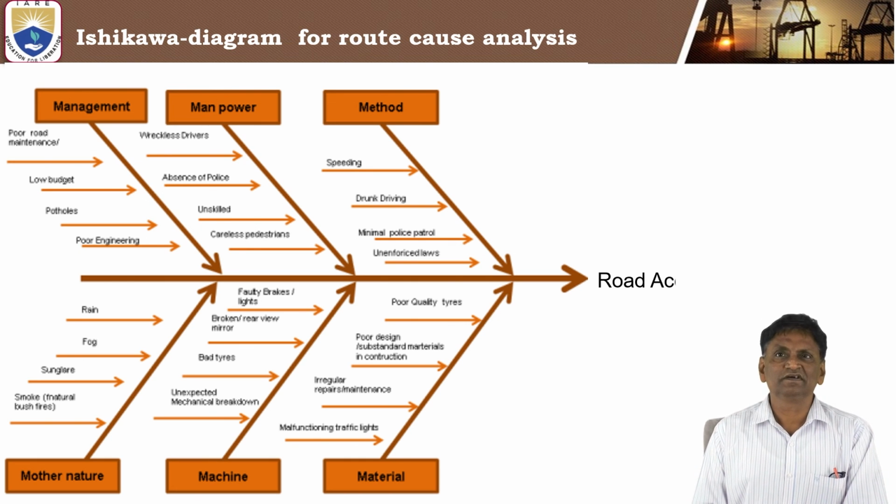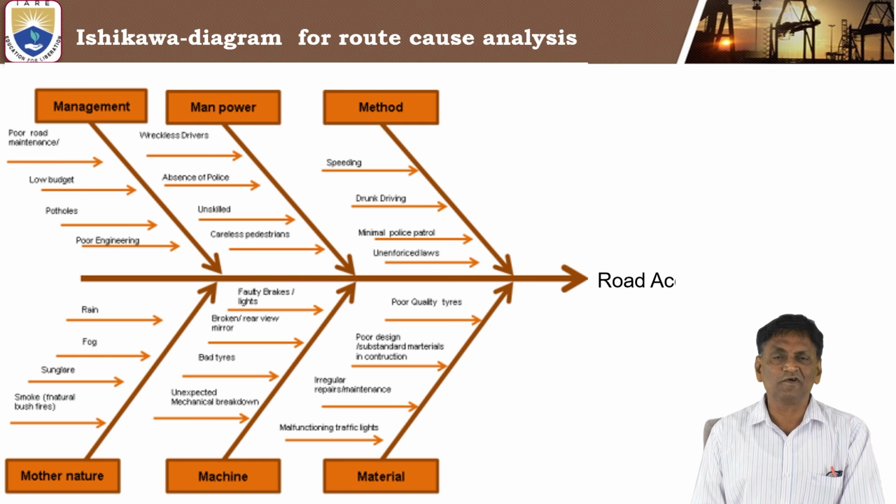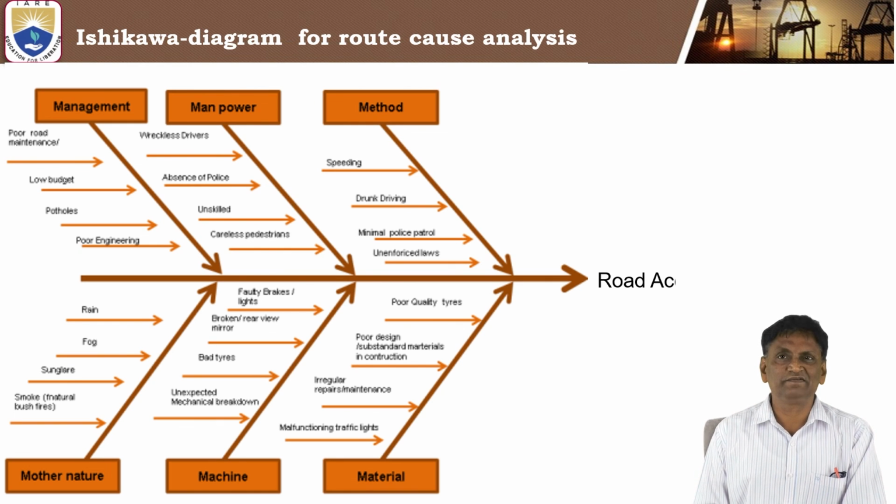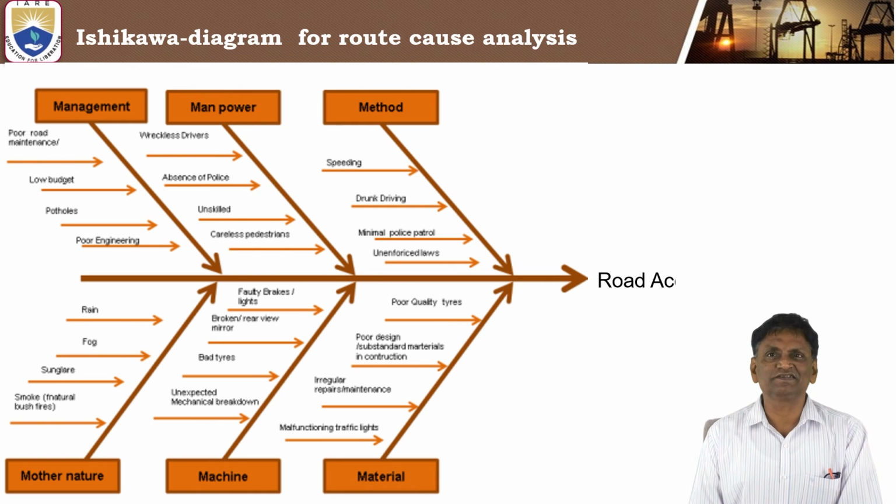So there can be minimum police patrol, meaning some people will follow rules only when police are really monitoring them. Suppose they come to know that in this particular stretch there is no police, there is no monitoring, they drive erratically. That could be one reason.